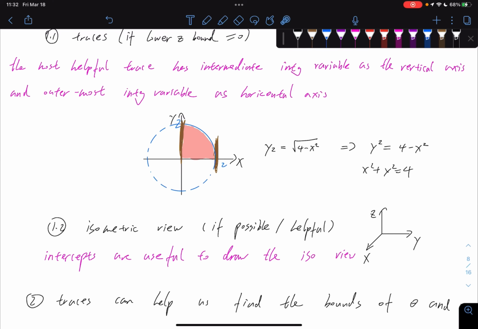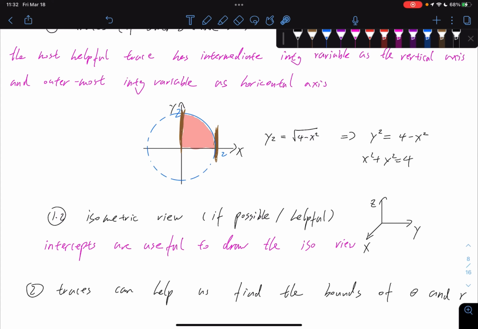So the way I like to find the bounds of r's and thetas is I like to shoot out lasers. I like to use the idea of using lasers. So let's say I'm shooting a laser out right here, right? So what's the lowest? What is my starting point? My starting point is r equals 0, right? Because I'm at the center, and I can shoot a laser out. How far can a laser shoot to?